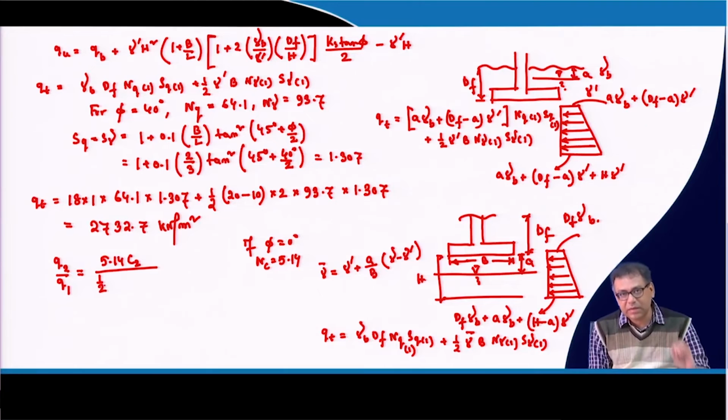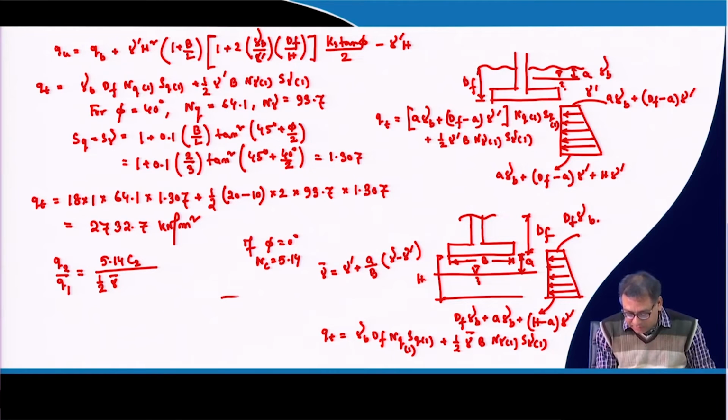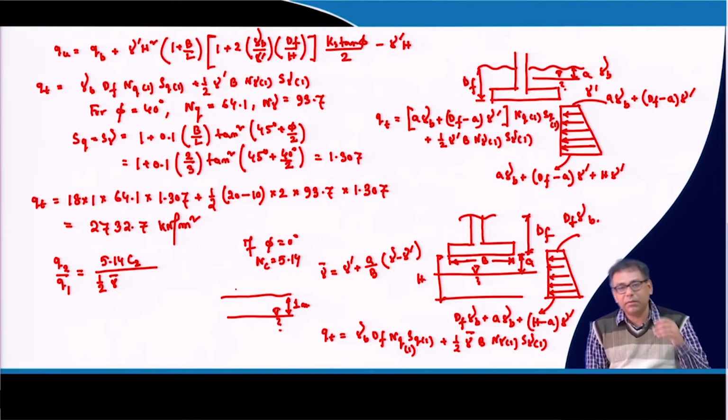Divided by q1 for the strip footing on the top layer, which is sand. The first term is 0, and the second term is 0 because it is resting on the surface. So it will be gamma B; actually I should write it as gamma bar. Why am I writing gamma bar? Because in this case the water table is at a depth of 1 meter. For the bottom layer it does not matter, because it is a clay soil, so gamma is not important in that calculation.